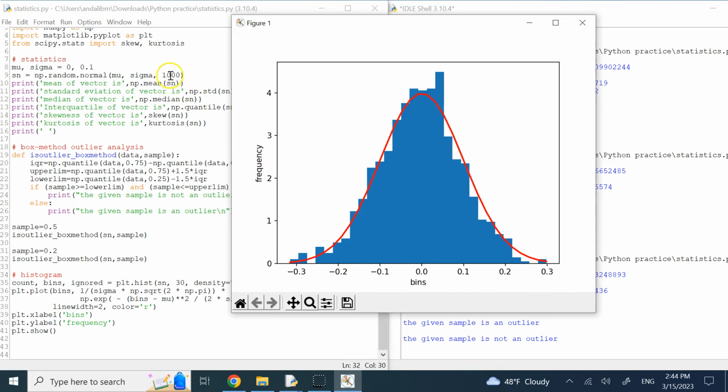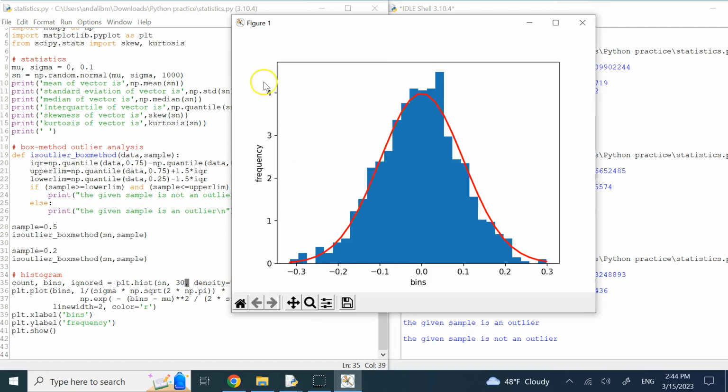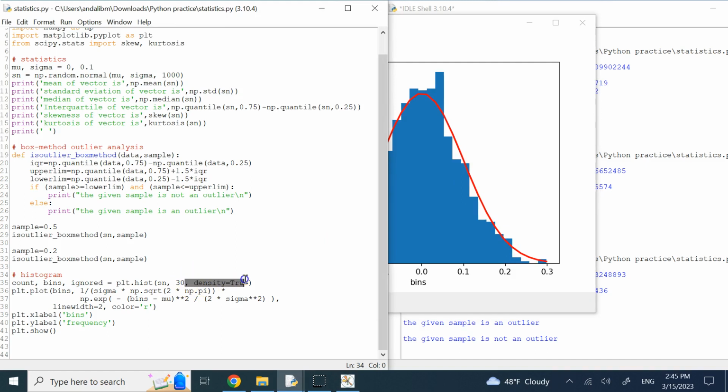Because remember, your total sample is 1,000 data. If your frequencies are 1, 2, 3, 4, the sum of all these heights is not going to be even 100. So when you say density is false or don't do it, that's where you want to look at the actual number of data in each bin, and you just want to look at the histogram alone. But if you want to compare against a real PDF, that's where you have to say what? Density is what? True, so you can do the comparison.